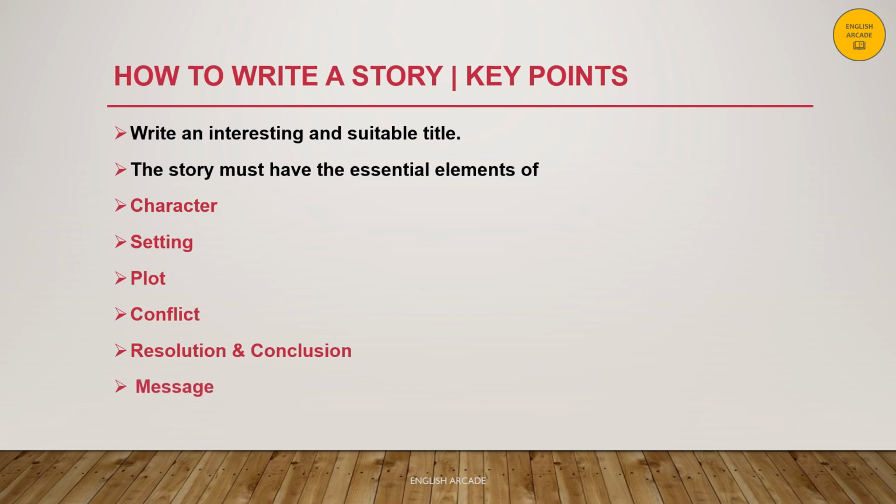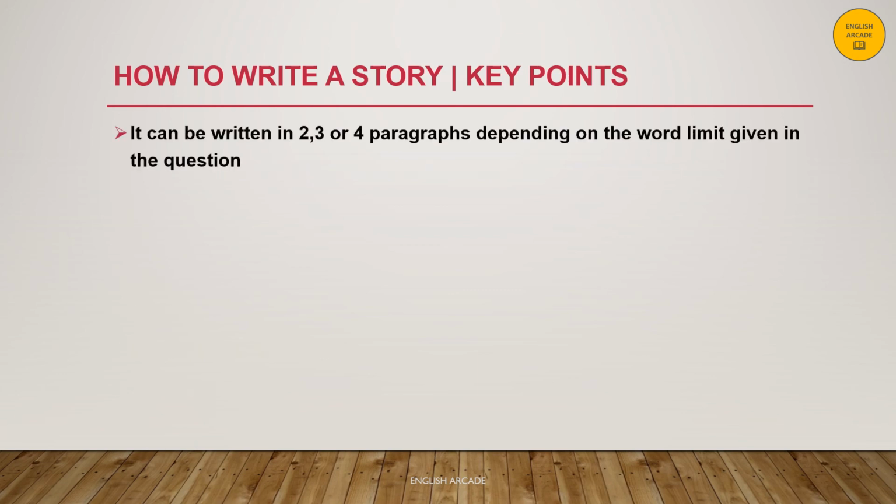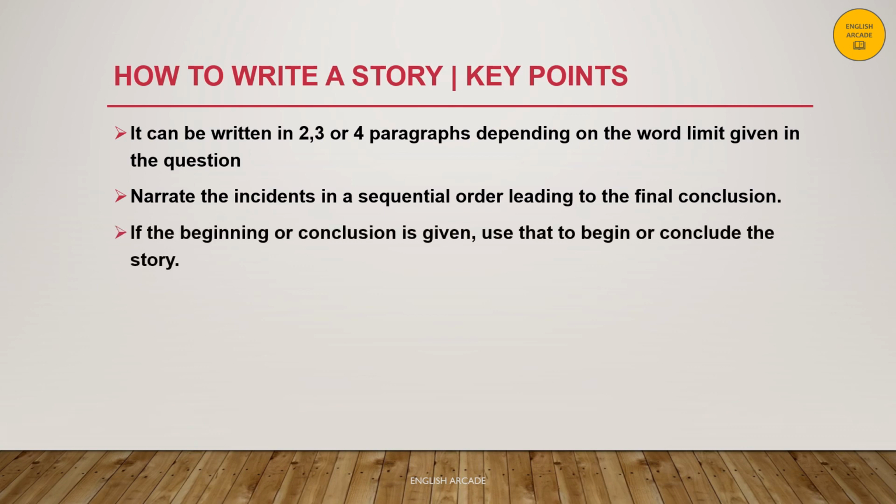It may even have a message. It can be written in 2, 3, or 4 paragraphs depending on the word limit given in the question. Narrate the incidents in a sequential order leading to the final conclusion. If the beginning or conclusion is given, use that to begin or conclude the story.